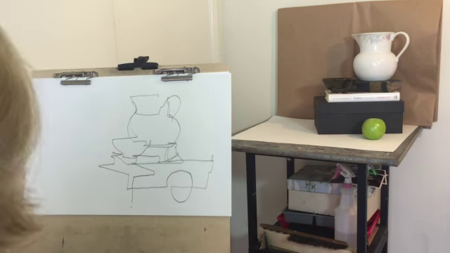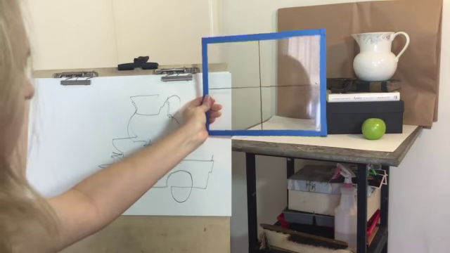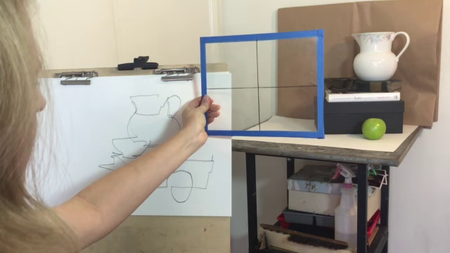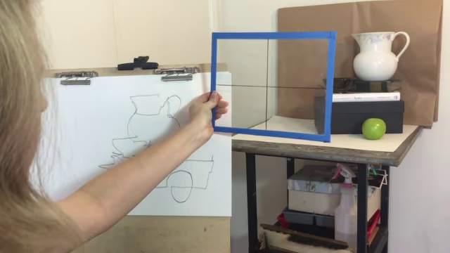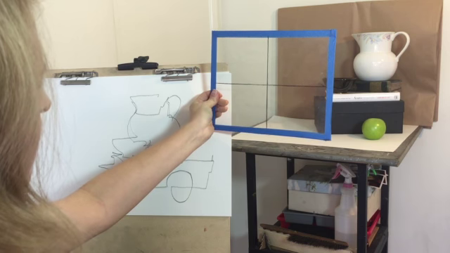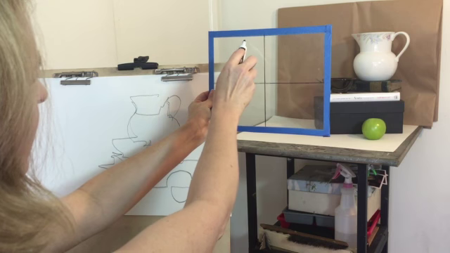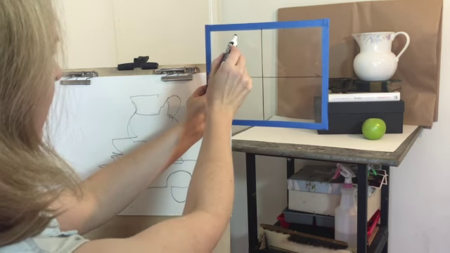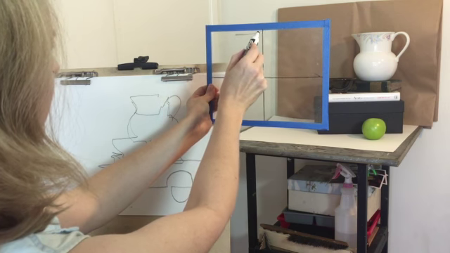So you have crosshairs on your picture plane. With one hand, I'm going to prop against my board here and look through my picture plane. All right, closing one eye might help here.